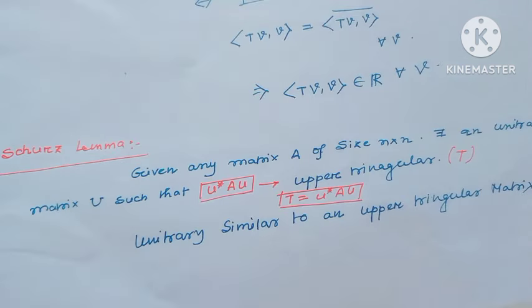We all know Schur's lemma. Given any matrix A of size n, there always exists a unitary matrix U such that U star A U is an upper triangular matrix.